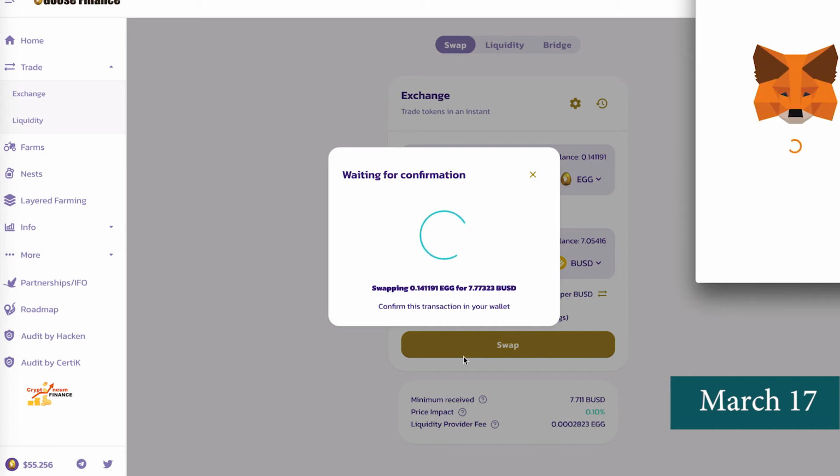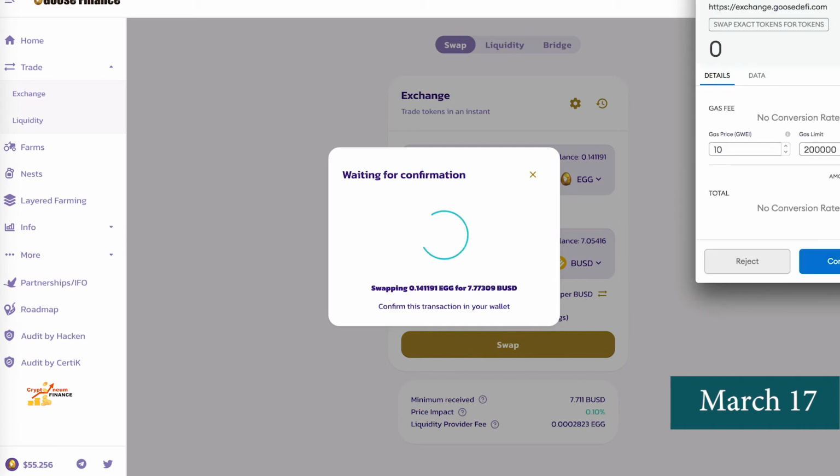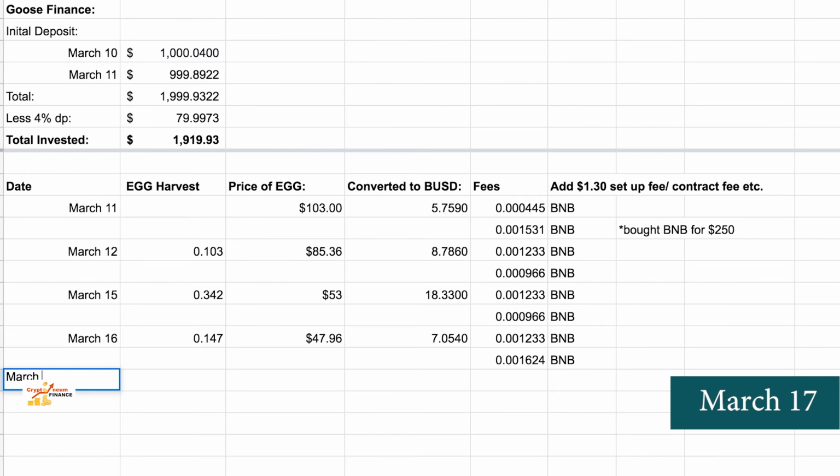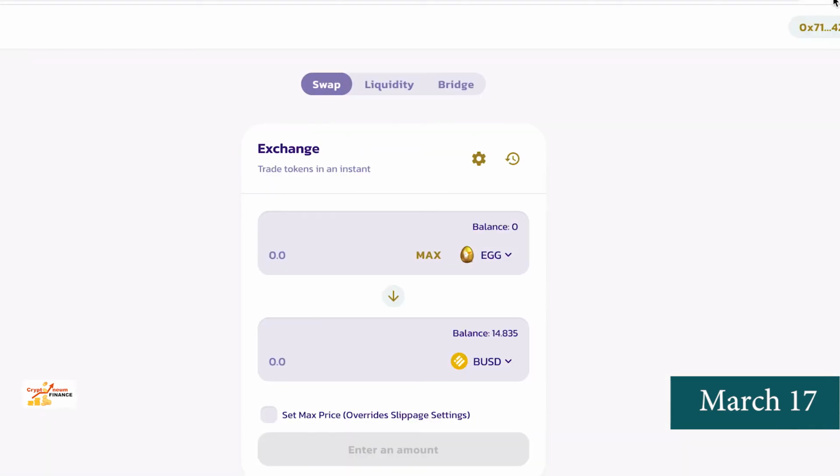Okay, so once that is pretty much done, let's move over to our Google Sheets. Type in the details, March 17, 0.141 of an egg. The price of egg today was 55.256, and we were able to convert 7.781 BUSD.